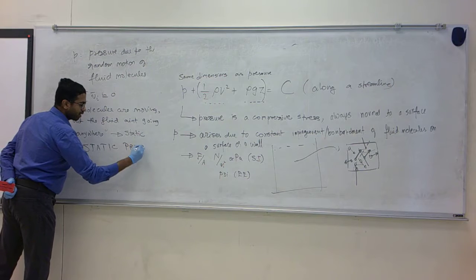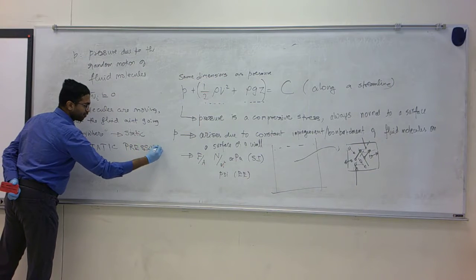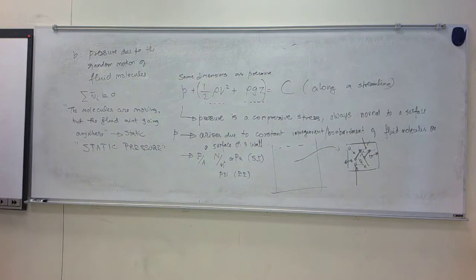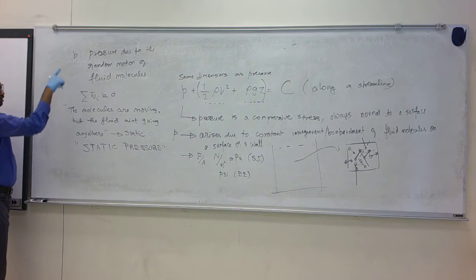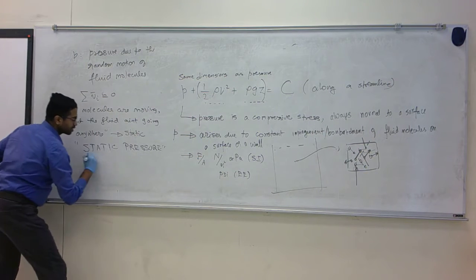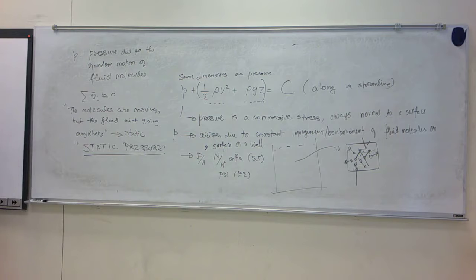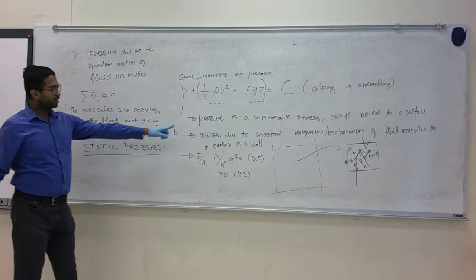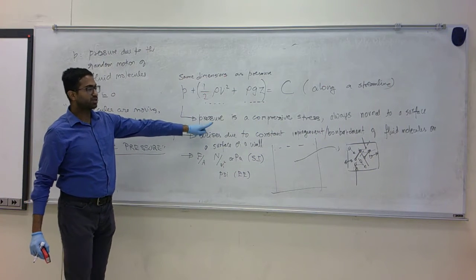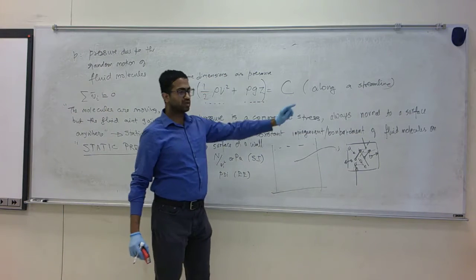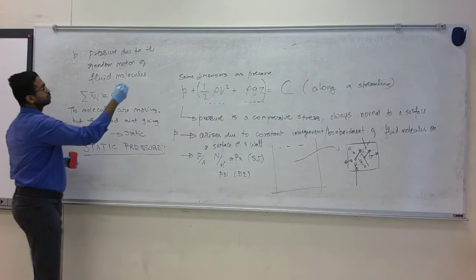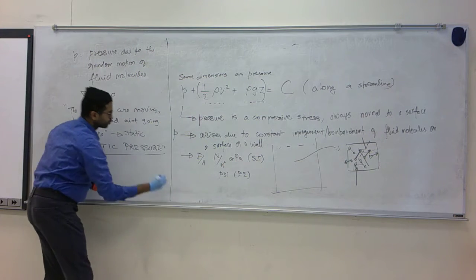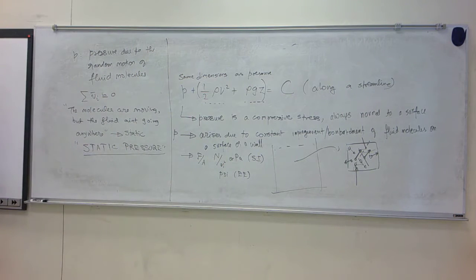It is not related to the motion of the fluid; it's related to the molecules moving around with random velocities, and for that reason P is called the static pressure. The same things I said earlier apply: static pressure is a compressive stress, always normal to a surface.